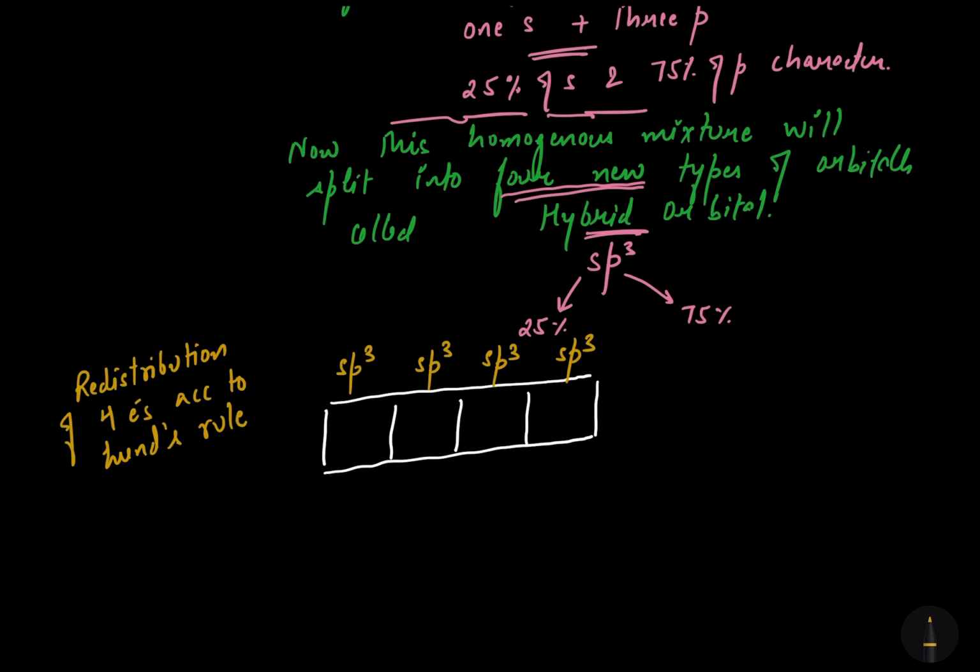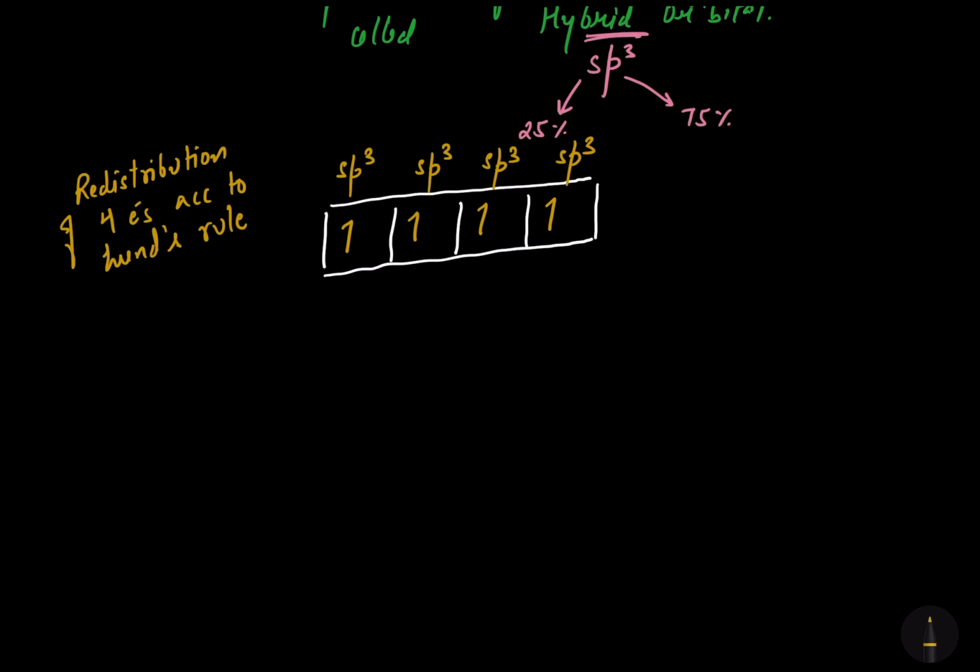Hund's rule states that firstly all the atomic orbitals will get 1 electron each. After that pairing will start. So we are having 4 electrons: the first electron in the first sp3, the second electron in the second sp3, the third electron in the third sp3, and the fourth electron in the fourth sp3.